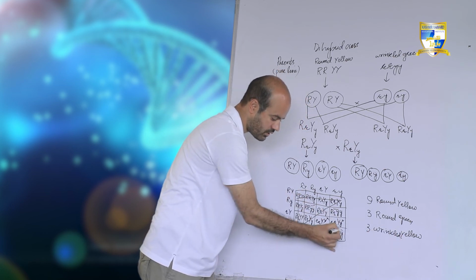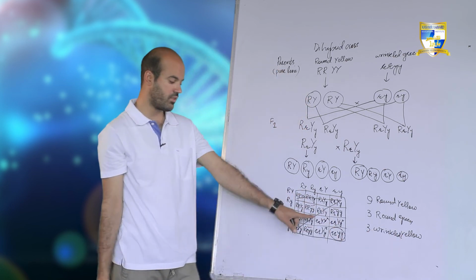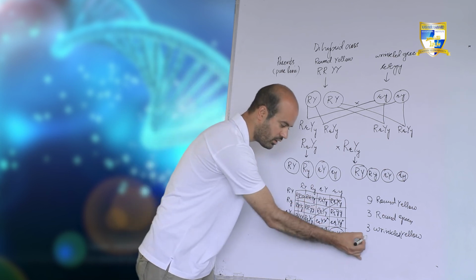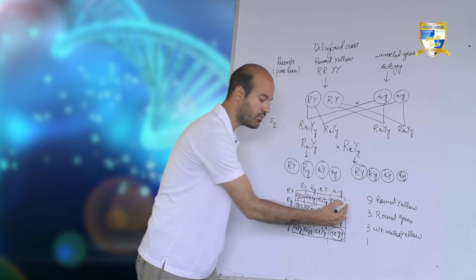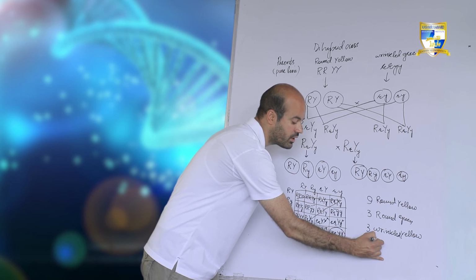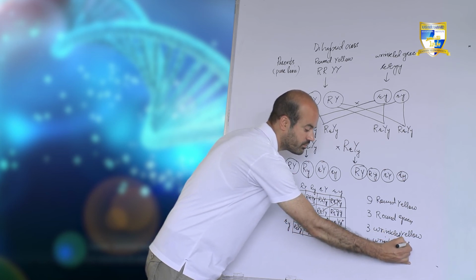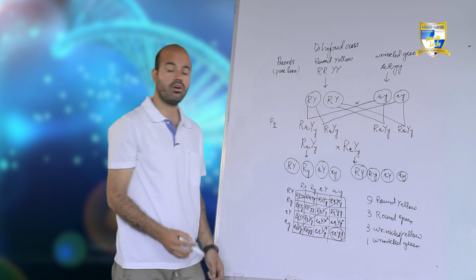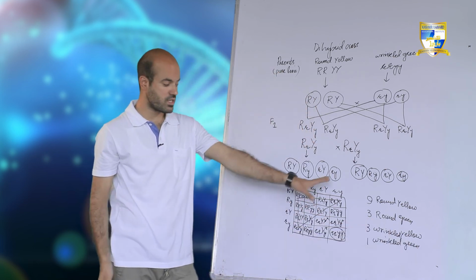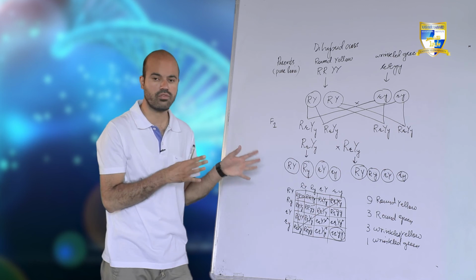And lastly this one, this is only 1. I will write 1 here. It will be wrinkled green. Just observe the cross carefully.